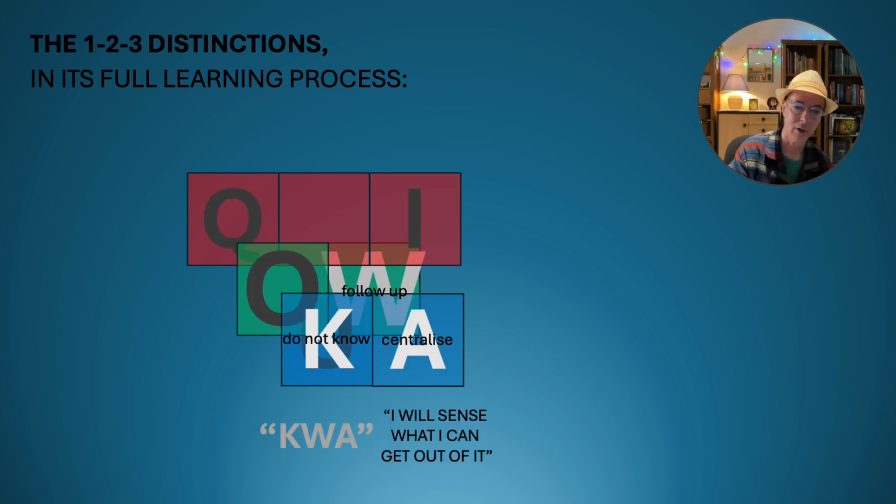The sounds QUOI will, in that way, in that reference point, say, I do not know with K, but I follow it up with W, and I centralize again in A. In combination with that, I also sense what I can get out of it. And that's not really different from the Chinese.